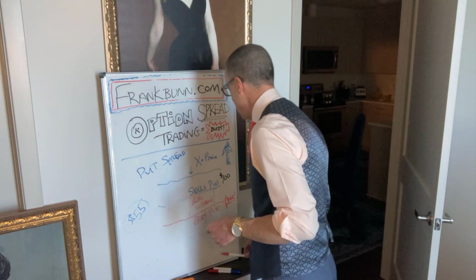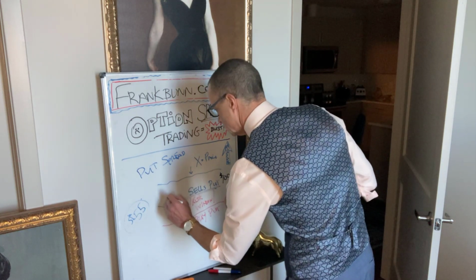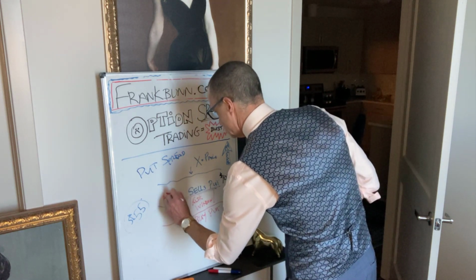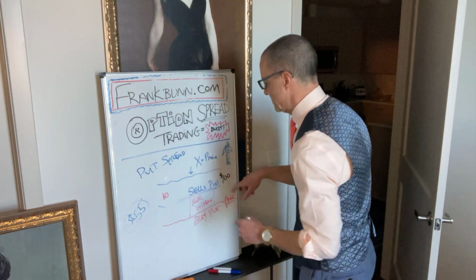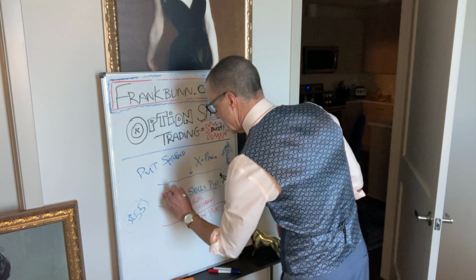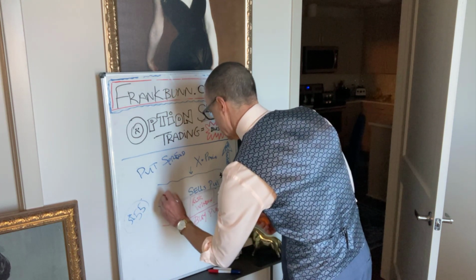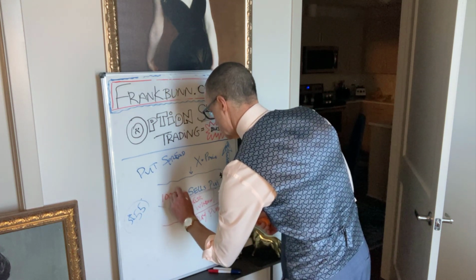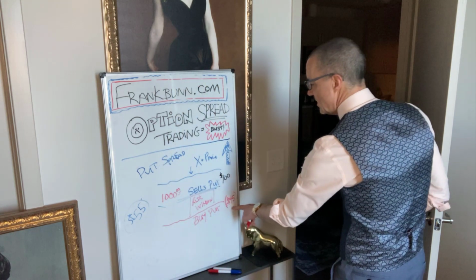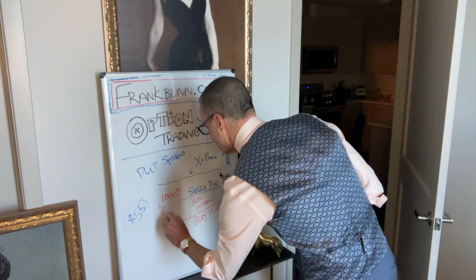If he has 10 of each of these, 10 times 100 is going to be equal to $1,000. Ten on the lower leg is 450.